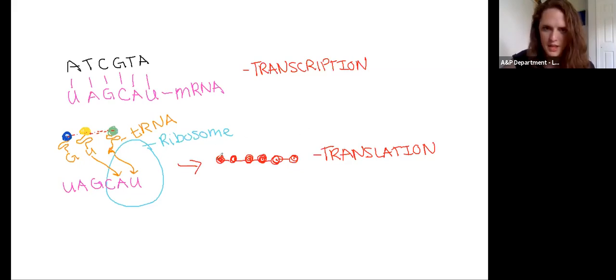Okay, so making that protein, making DNA into mRNA, then having tRNA connect to that mRNA to make a protein chain is called protein synthesis. So this whole thing is called protein synthesis.